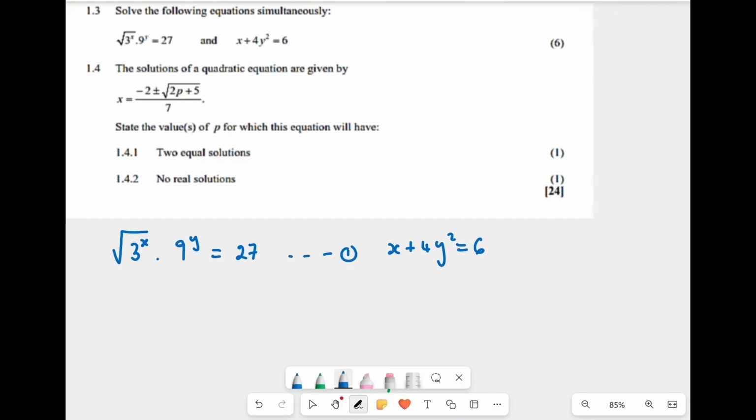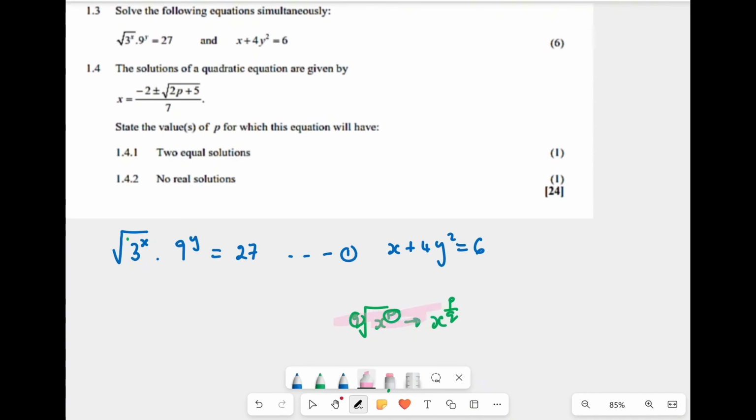Now, you need to remember how to get rid of this root. If you have root x with p and q here, this can be written as x, and then inside p over outside p over q.